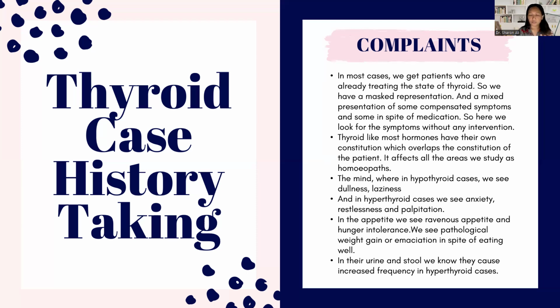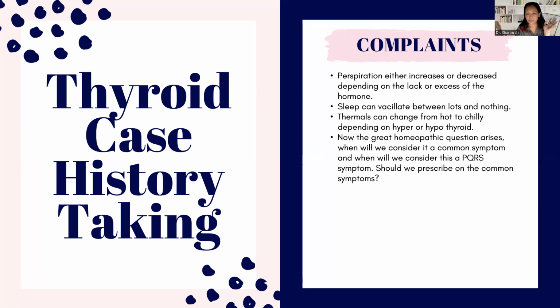So you'll know that, as you said, the thyroid shows its symptoms in almost everything. Every part of the physical generals and the mentals can be covered by thyroid. Now, the question I was asking is that if you all know that there is a different constitution of thyroid and a person has his own constitution, then how are we going to differentiate the two constitutions? Does anyone have an answer to this?